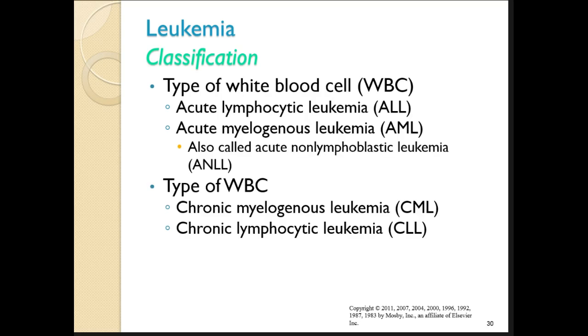You have acute lymphocytic leukemia, acute myelogenous leukemia, chronic myelogenous leukemia, and chronic lymphocytic leukemia. Please refer to Table 31-25 for the more defining features of these leukemic subtypes.